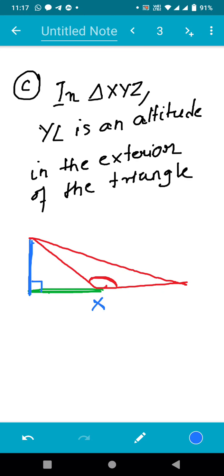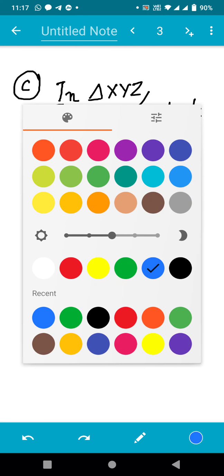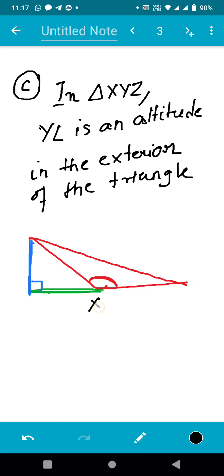X, Y and Z. So this is a required triangle XYZ, and XYZ is an obtuse angle triangle, and in case of obtuse angle triangle, students, the height is always outside the figure, and this is a required height, and we'll name this height as L. Name it as ZL.